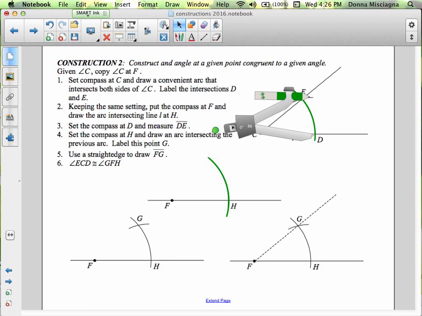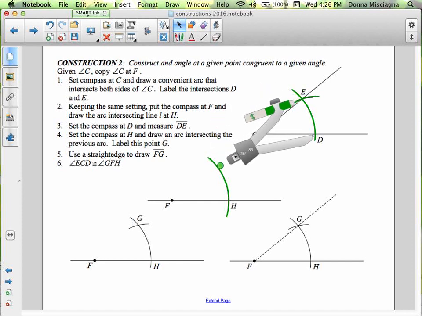So if I draw that arc, I'm just going to turn the pencil, you'll see how it goes right through both the side of the angle and the arc we drew. If we didn't put that arc there, we'd have no place to measure. So now we know where to measure. We'll draw our arc. Let's see how close. I was pretty close on where I placed my compass.